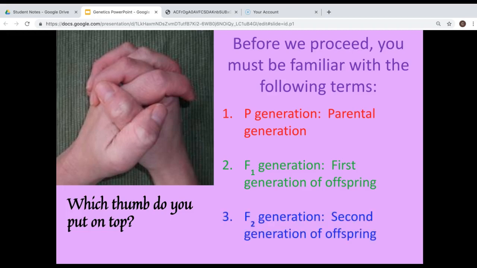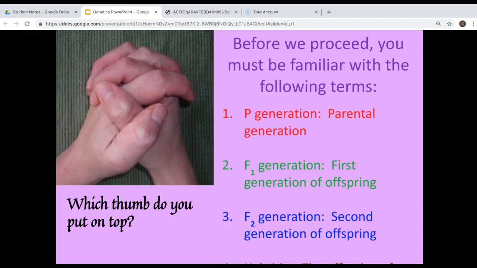F2 is the second generation, so the offspring of the F1 generation. And then hybrids are the offspring of parents with different traits. You will need to remember these terms for a vocab test.